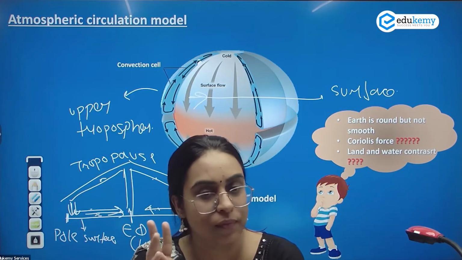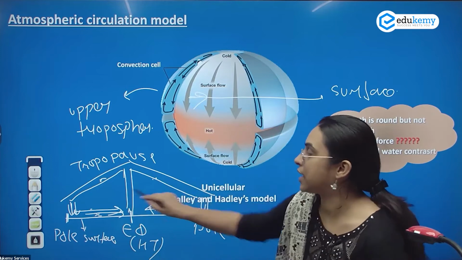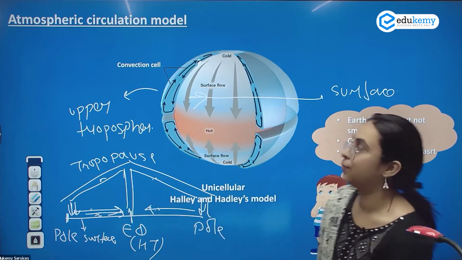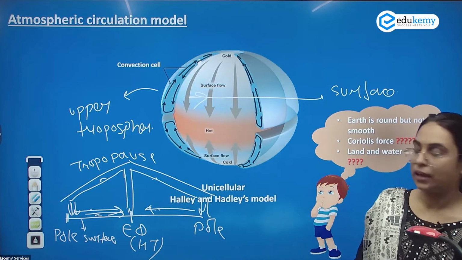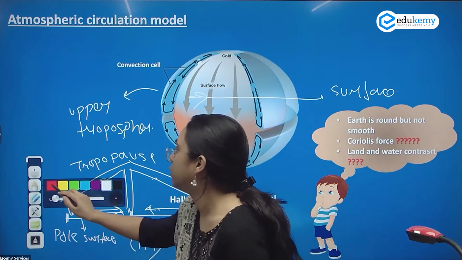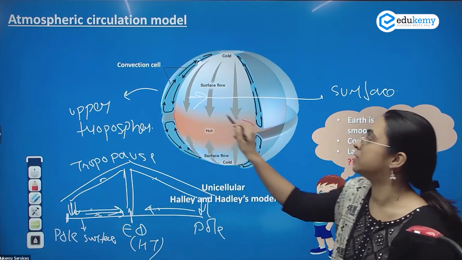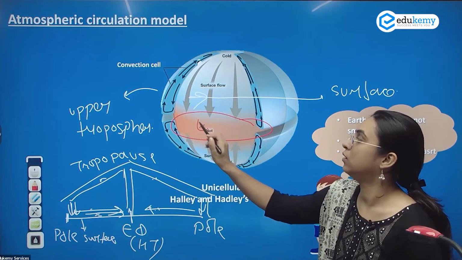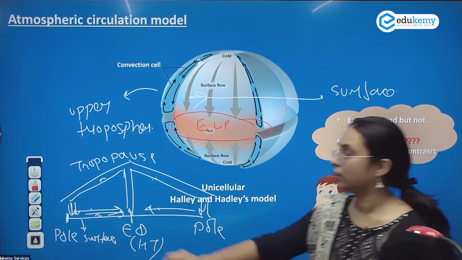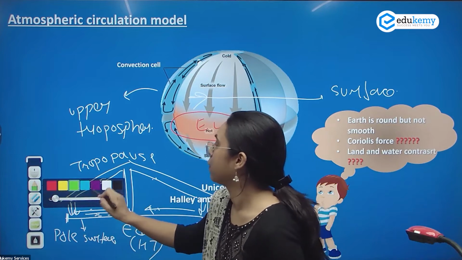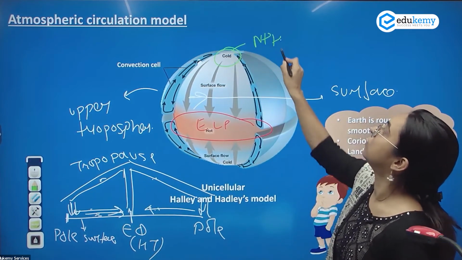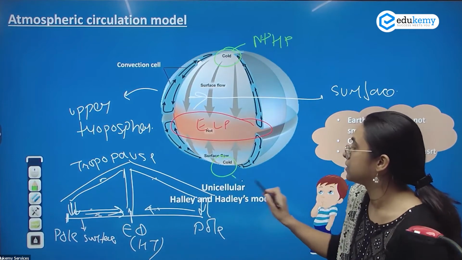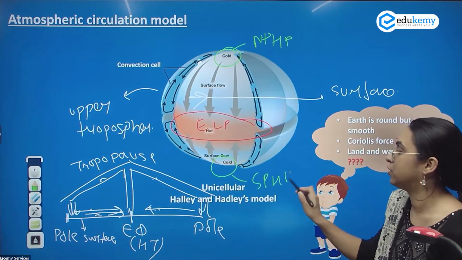Hadley says there are 2 cells per hemisphere. As per Hadley, there are 3 pressure belts. One is the equatorial low pressure belt. One is the North Pole high pressure belt. One is the South Pole high pressure belt.